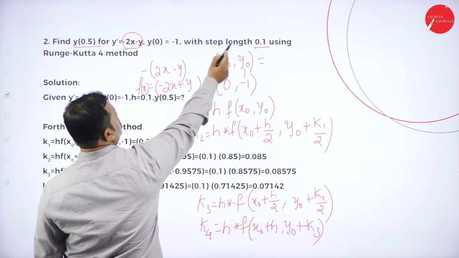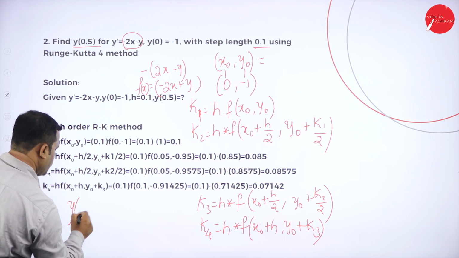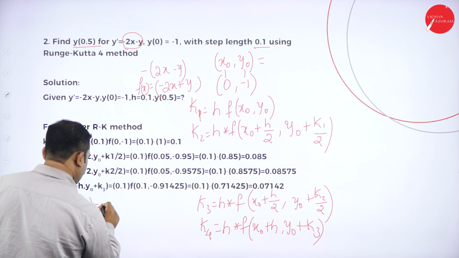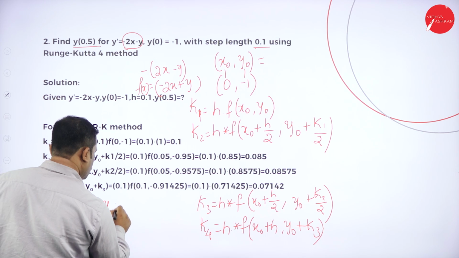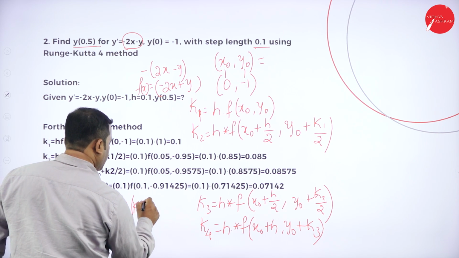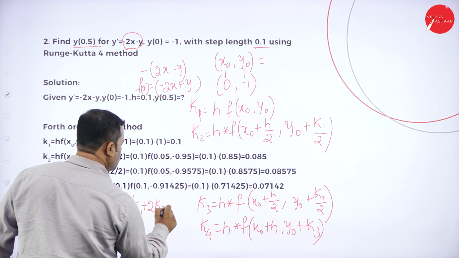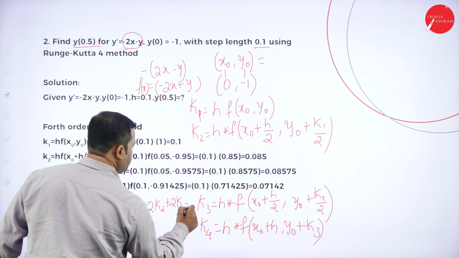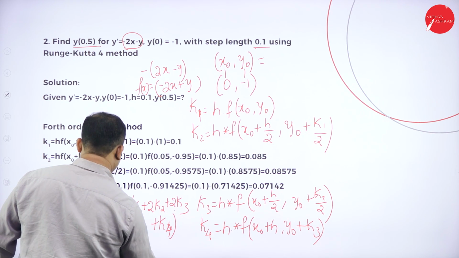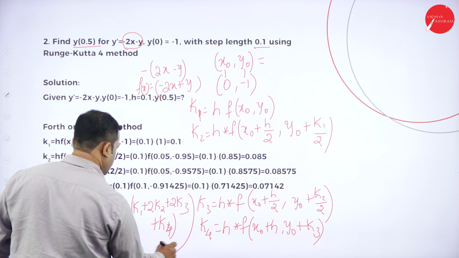So y of 0.1 is equal to, what is the value of K1? That is y0 plus 1/6 times k1 plus 2 times k2 plus 2 times k3 plus k4. That gives me the value of this entire function.